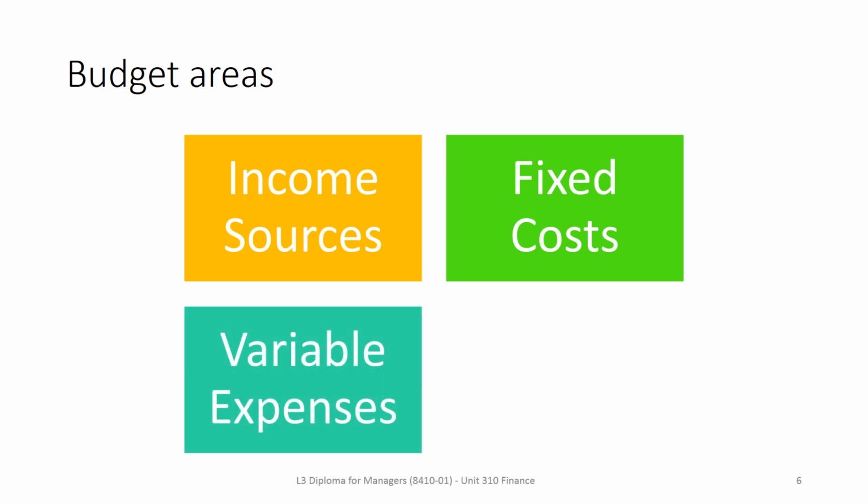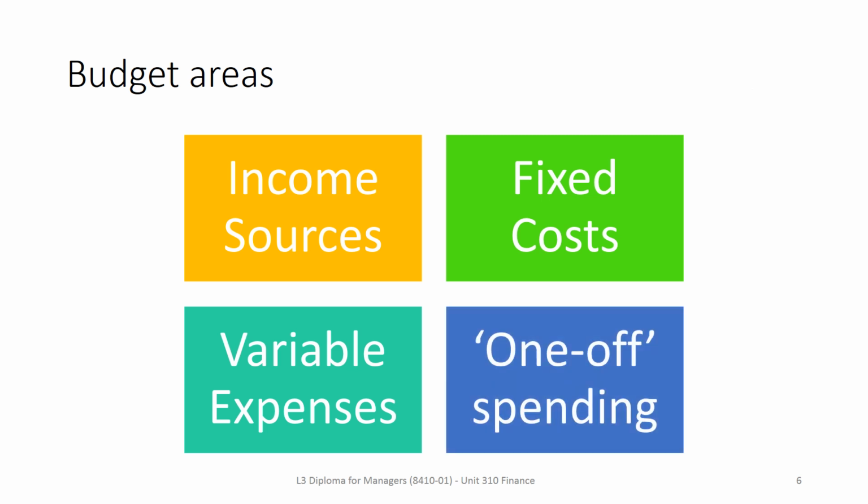Variable expenses, such as raw materials, contractors' fees and wages, staff wages as well, advertising, transport, general consumables. And then one-off spending, so licenses, equipment, furniture, things that are just for that one budget and that may not carry over or may not be usable again.